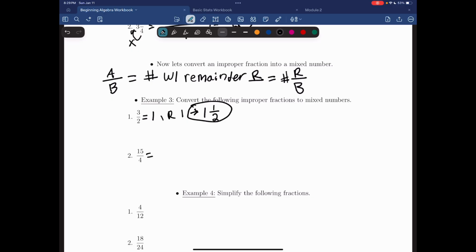And that is 4, 8, 12. So that means we're going to have a whole number of 3. But our remainder is going to be 3, because 15 minus 12 is 3. So our mixed number is going to look like this, 3 and 3/4.